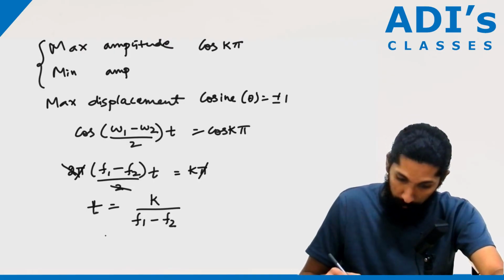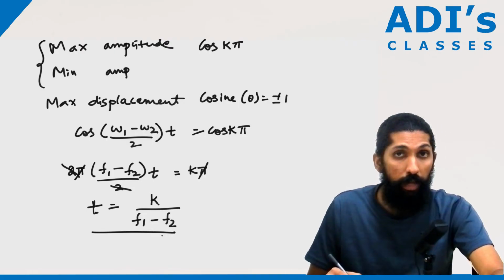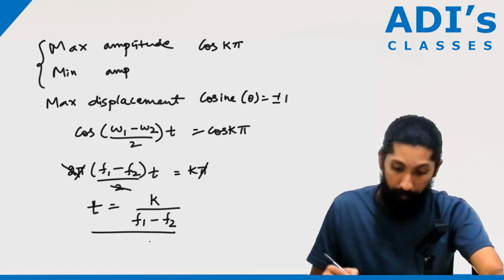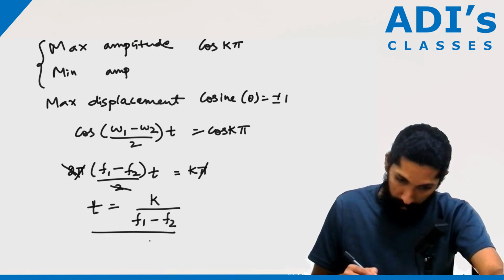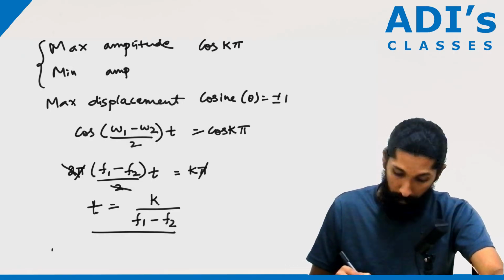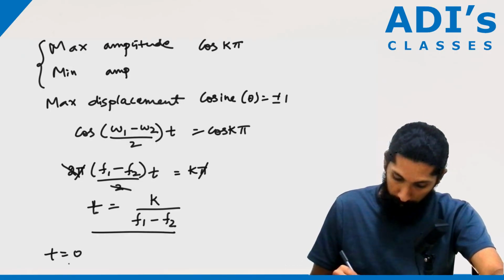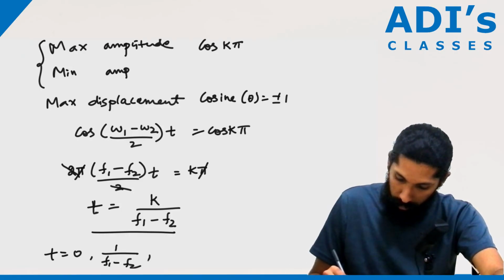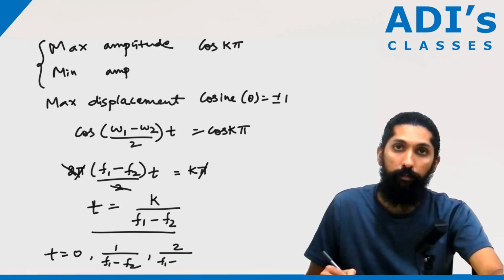Now since we have the formula for time, now the amplitude, when there is going to be the maximum displacement in the amplitude, for that we can write that t is equal to 0, or 1 by (f1 minus f2), 2 by (f1 minus f2), so on and so forth.